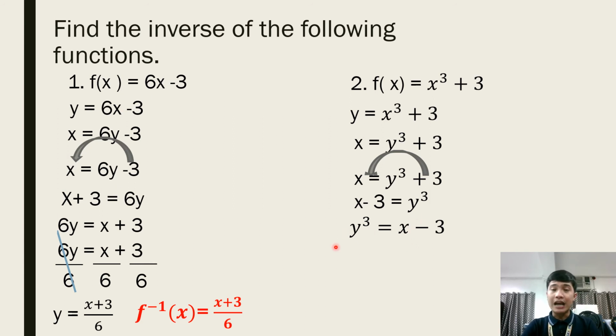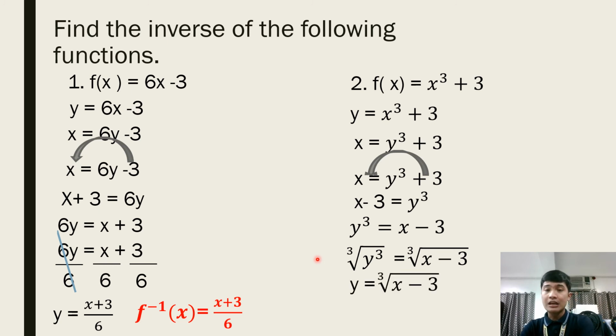And then since we are asked to solve for the value of y, kukuhanin po natin yung cube root ng both sides. Kung naalala niyo po yung radical equations ng grade 9, para makuha po natin yung mismong value ni y, dahil naka y raised to 3 yan, we will get the cube root of both sides. In this case, makakancel kasi yan. So y is equal to cube root of x minus 3.